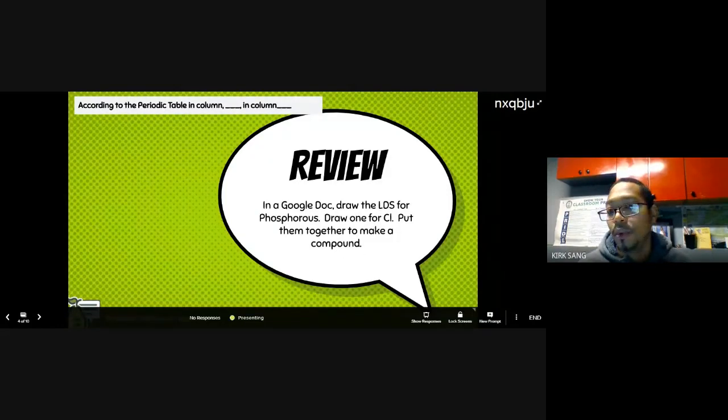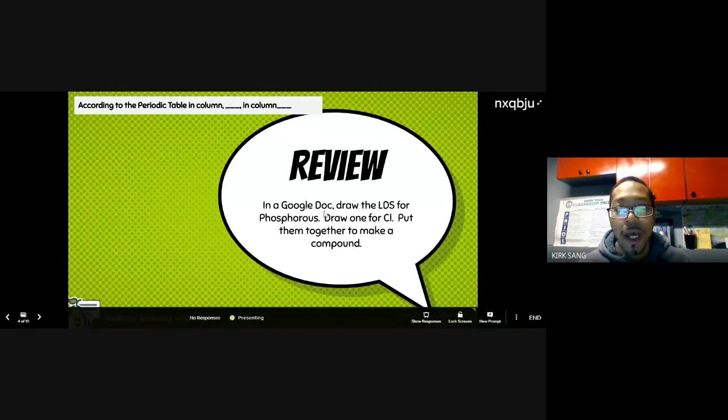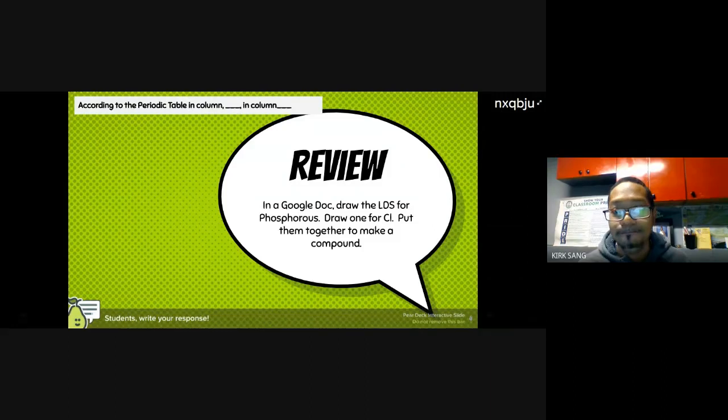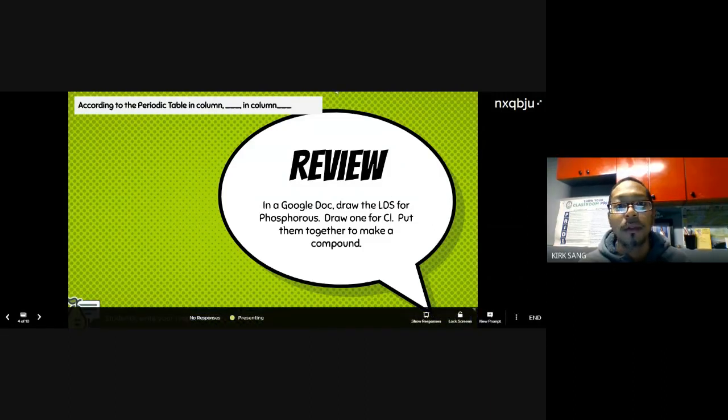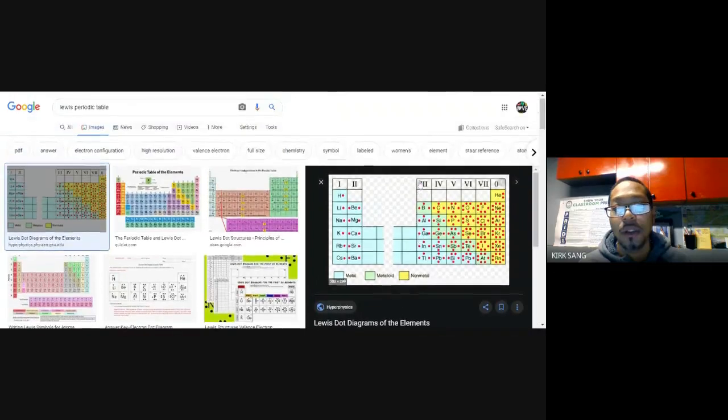This is in preparation for you to have a model ready for lesson number 11. So open a Google Doc. Make sure that doc is stored in your chemistry drive. Pull up your Lewis dot diagram periodic table, also stored in your drive or found anywhere on Google.